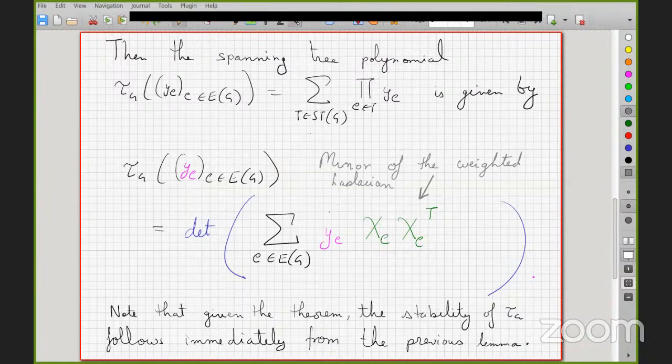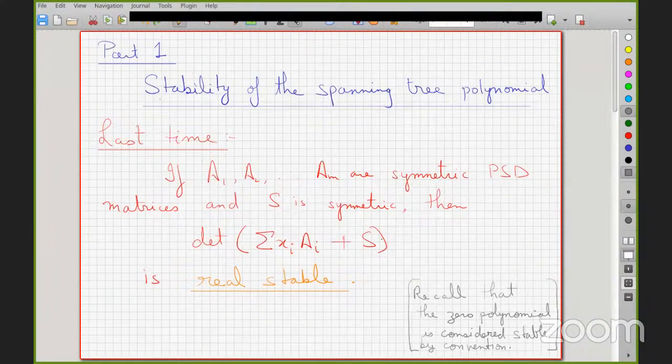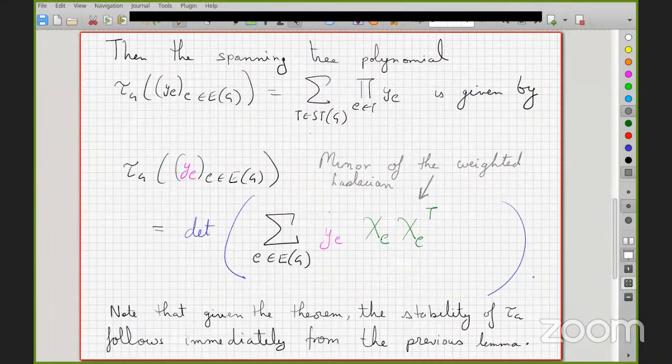Why is that? Because chi transposes are PSD matrices, by definition. Here, this matrix is basically saying M(u,v) is minus y, and the diagonal element is the summation of y's of all edges incident to it.